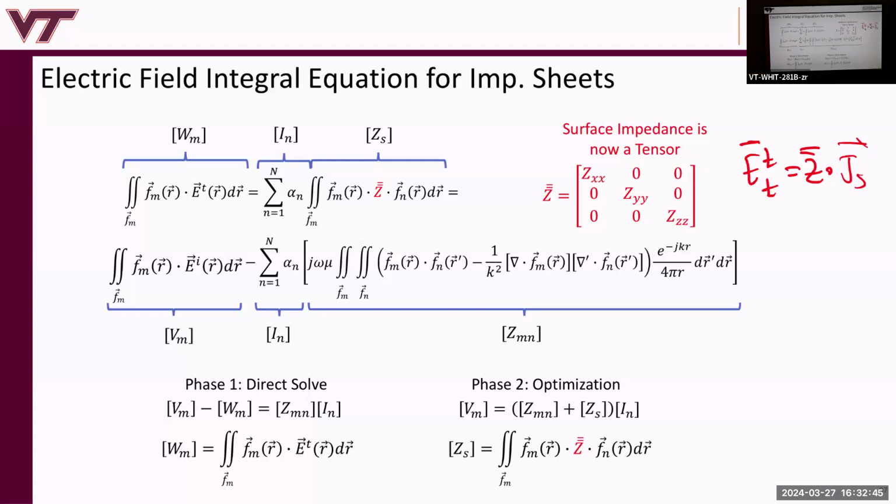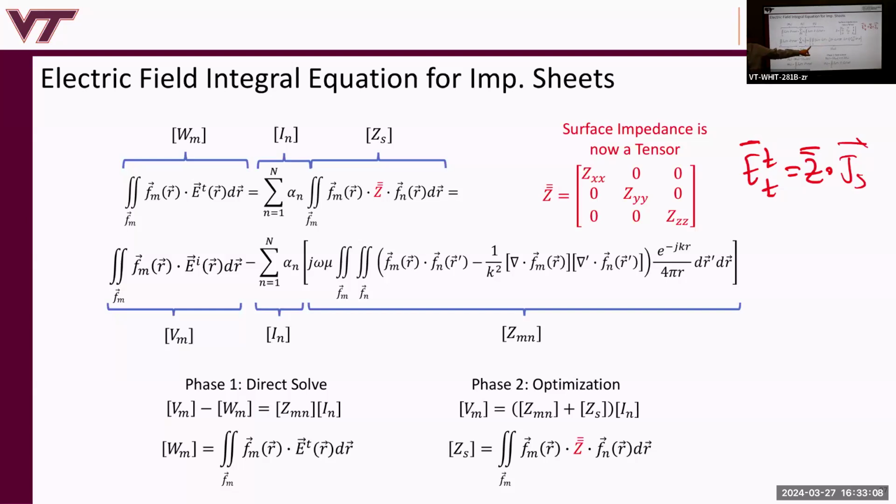Like for the magnetic current, no magnetic current. This boundary condition, the way we've derived it, we said that the impedance sheets do not support magnetic current, right? Anyway, if we did support magnetic current, we'd have to have an additional term for the scattered field, because this computation of the scattered field here, the I times ZMN, assumes electric current only.